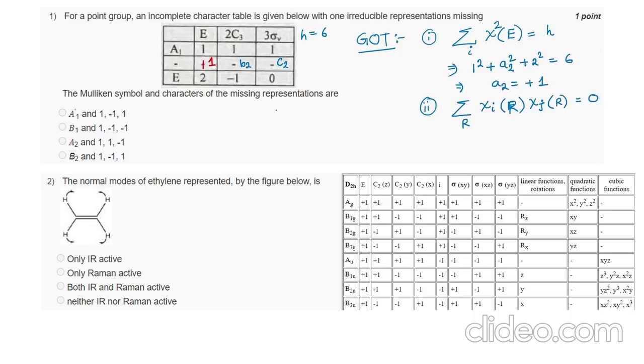So we will take that into consideration. So let me write now, this is gamma 2. So from A into gamma 2 we are going to get 1 plus B2 plus C2 is equal to 0. And gamma 2 into E, from that we are going to get 2 minus B2 plus 0.